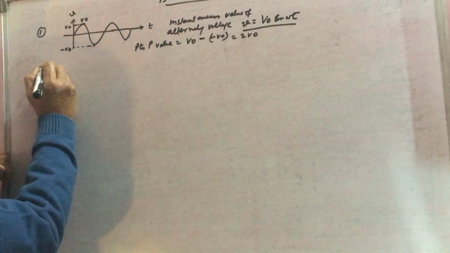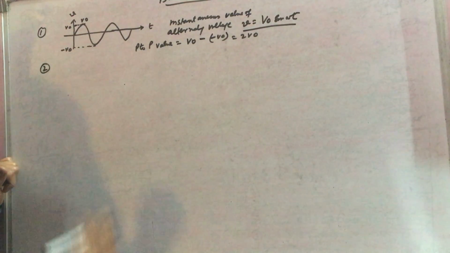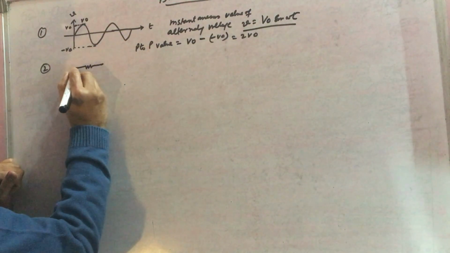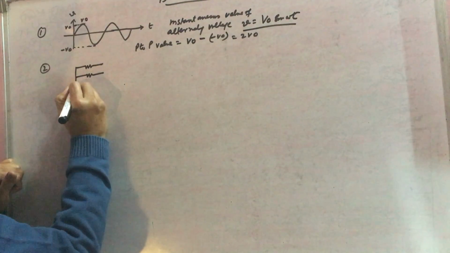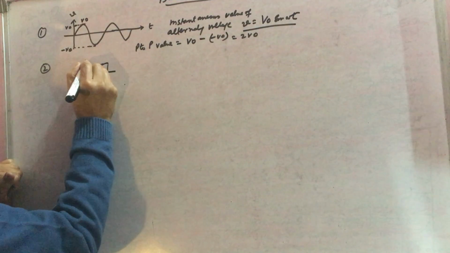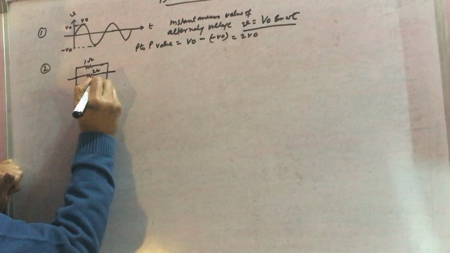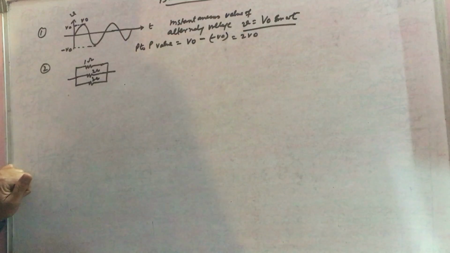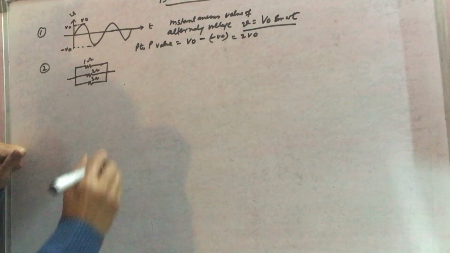Next question. We have three resistances connected in parallel: 1 ohm, 2 ohm, 3 ohm. Resistance, you know, is the opposition to the flow of current.